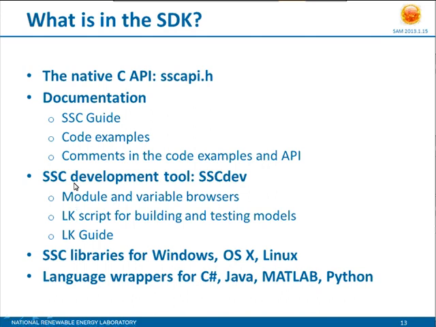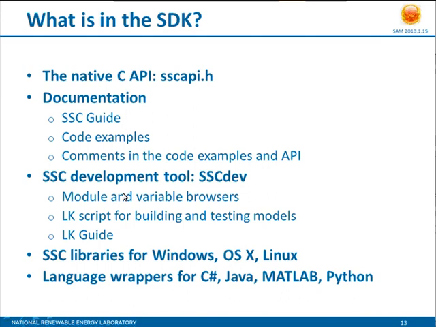And then there's the SSC development tool, SSCdev, which is a really useful way to become familiar with the modules that you're planning to use in your models, and it comes with a scripting language, so you can actually build your own models within this SSCdev tool for testing.